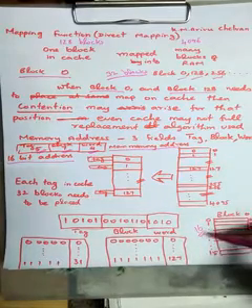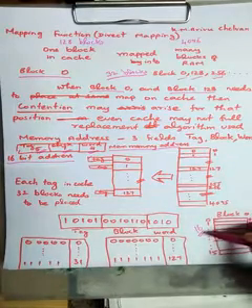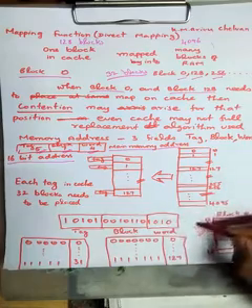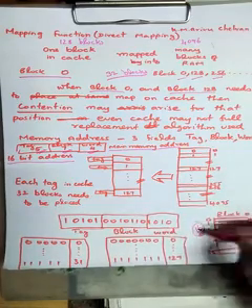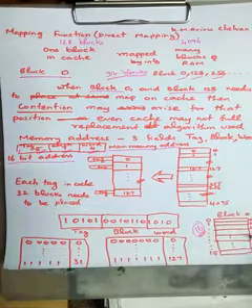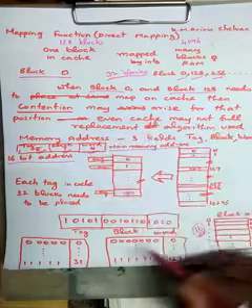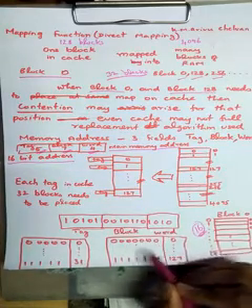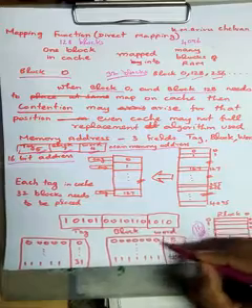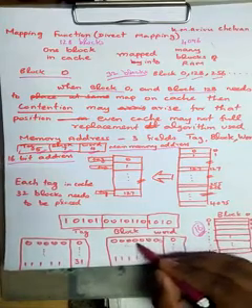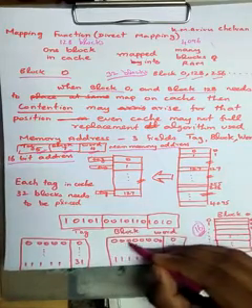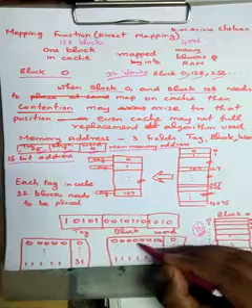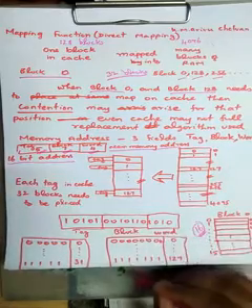We already saw that a block contains 16 words, so this is how the 16 words are formed. Next is block, which has 7 bits, from 7 zeros to 7 ones.